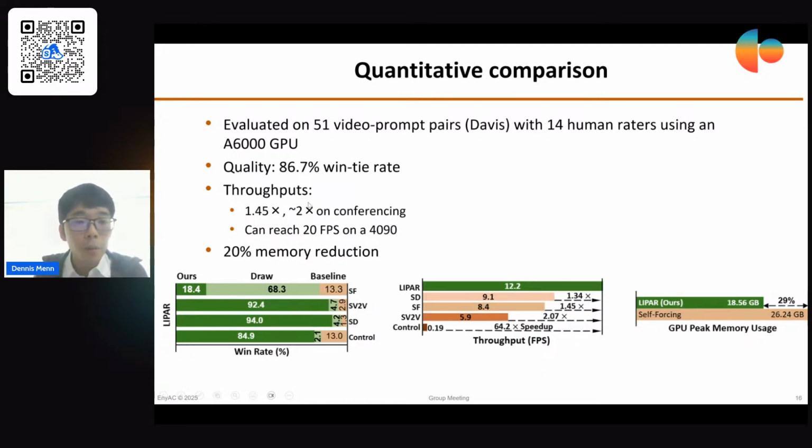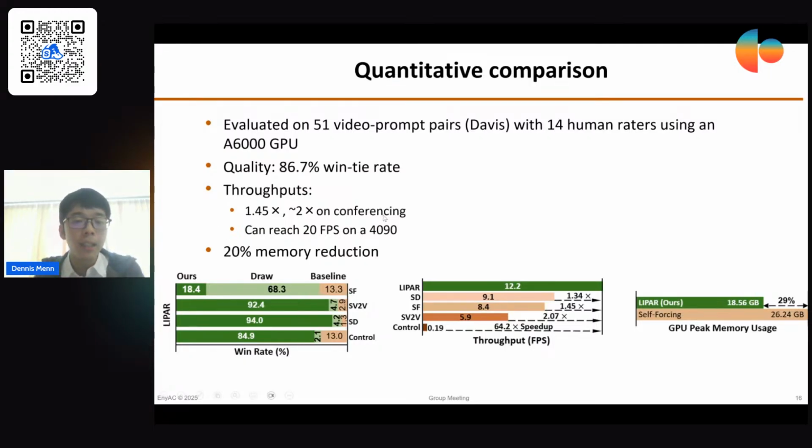As for the throughput, compared with the original self-forcing model, we can improve roughly 1.45x on the 51 video prompt pairs, and roughly 2x on conferencing, because when you are conferencing, the background doesn't change, and you only account for a very small portion of the entire screen or frames.